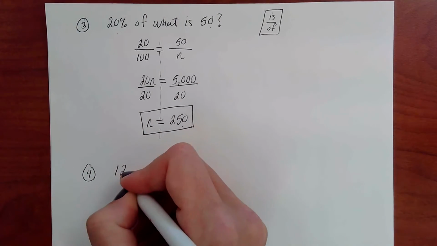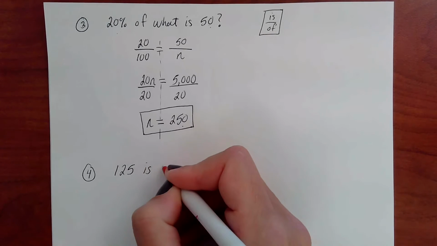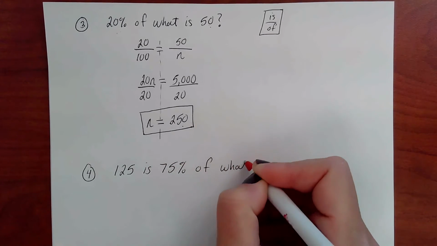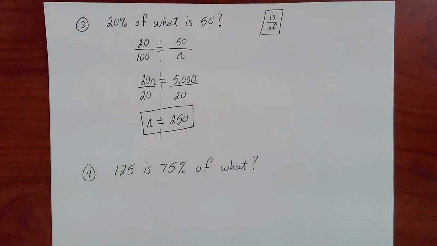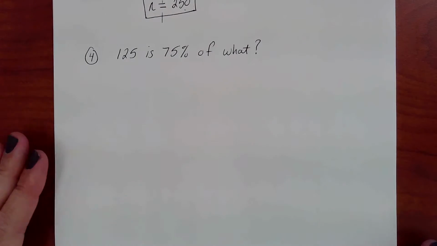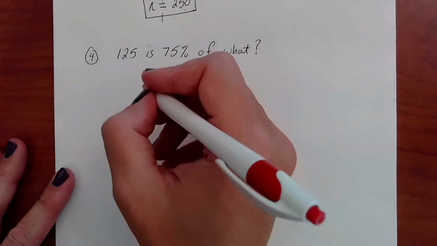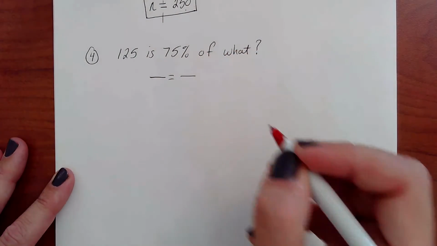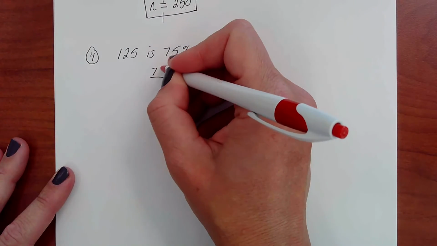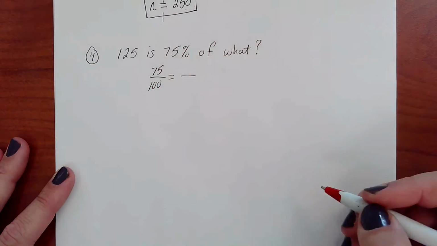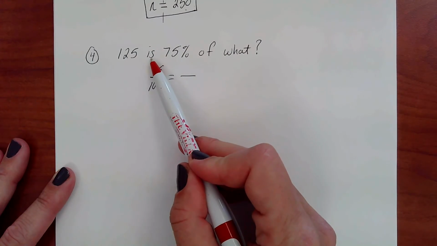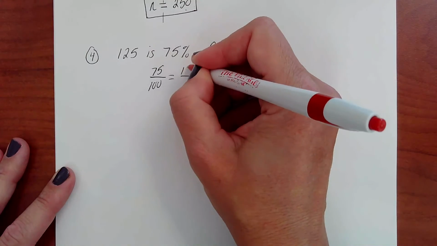How about 125 is 75% of what? I'll pause it. See how we do here. Okay, 75% is 75 over 100. 125 is definitely with is here, so that's going to be on the top.